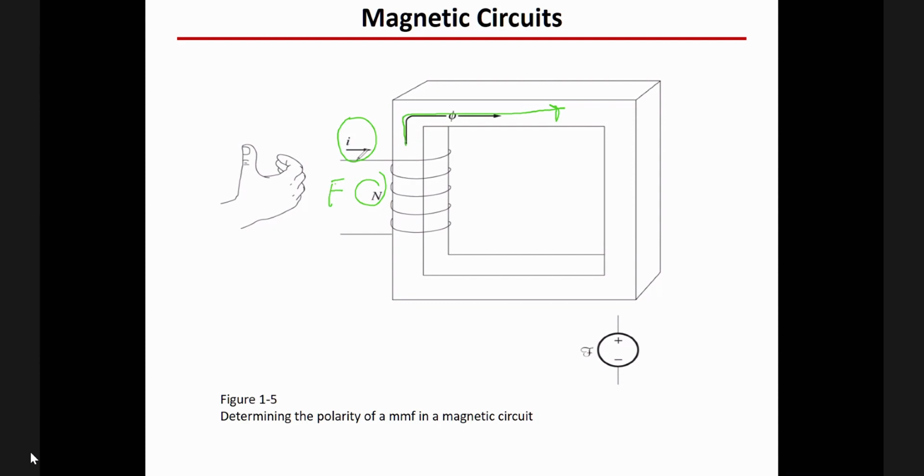What's the relation between F and this flux? R. So yes, flux is F divided by the reluctance of this core. How can we specify the direction of this flux? Using the right-hand rule. Yes.